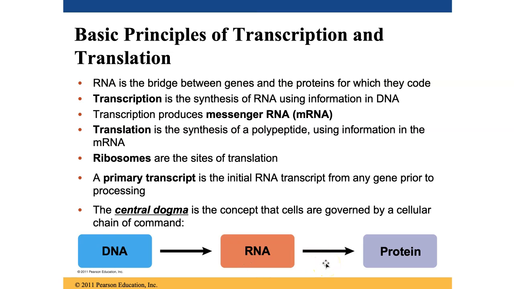The next arrow over here, this is the process of translation. Translation is the synthesis of a polypeptide, which is a linear chain of amino acids, using information carried by the mRNA, our messenger RNA. Right? So the mRNA is going to be translated into a polypeptide and folded into a protein. The part of the cell that is responsible for translation is called the ribosome.